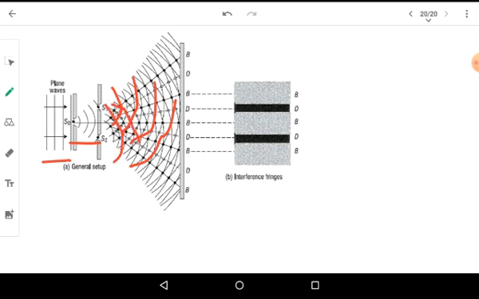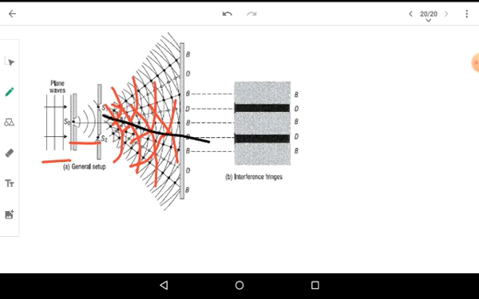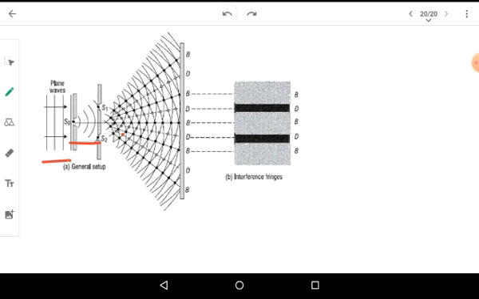When they meet at these points, this line has destructive interference, and where they don't meet, or meet at a very small angle, it forms constructive interference. Where they meet they destroy each other, because one is going like this and one is going like this, so they form a destructive interference.